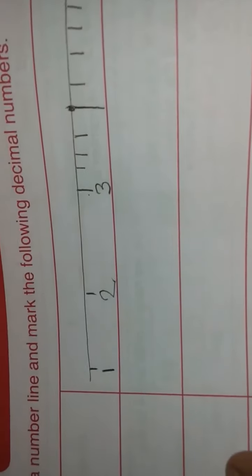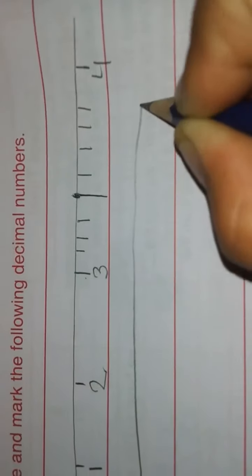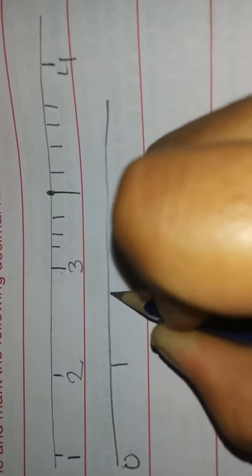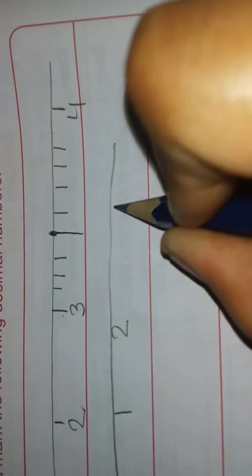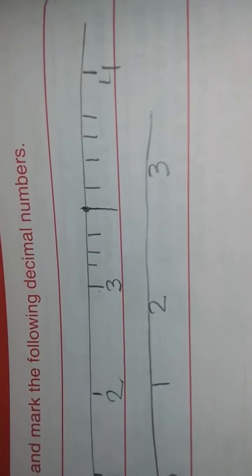Now next number. The next number is 1.8. Again we have to draw one line. In that line we write 0, 1, 2 and 3. Okay. So in that 1.8 is there.